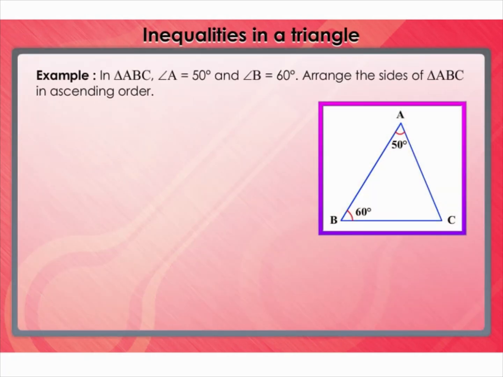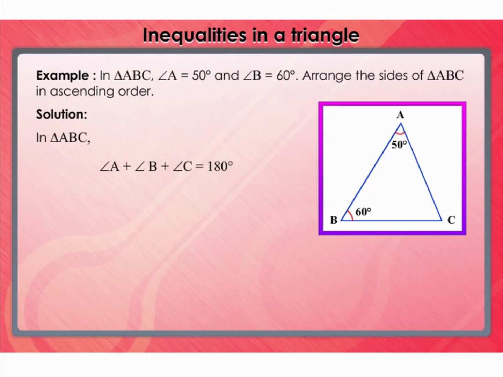Example: in triangle ABC, angle A is equal to 50 degrees, angle B is equal to 60 degrees. Arrange the sides of triangle ABC in ascending order. In triangle ABC, angle A plus angle B plus angle C is equal to 180 degrees.